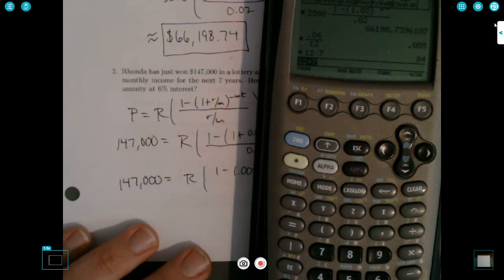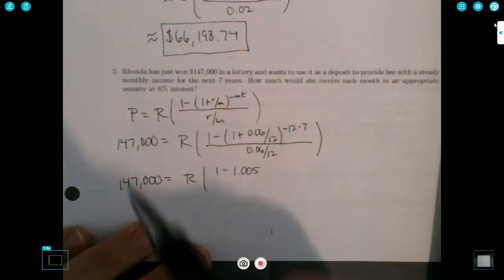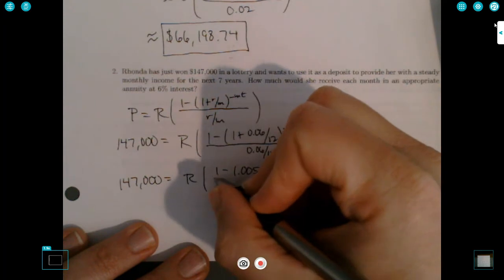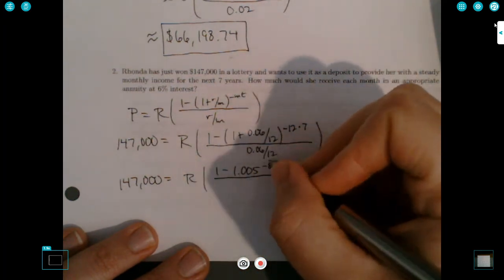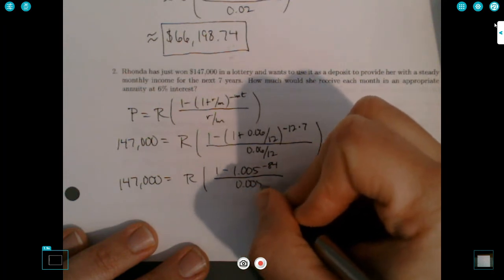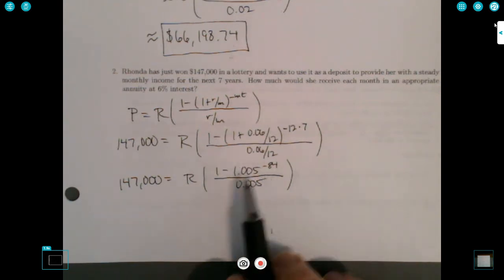Oh, gosh, I should have known that, right? I teach math. Anyway, 12 times 7 is 84. So that's going to be raised to the negative 84th power. And then we're going to divide by 0.06 divided by 12 again, which is 0.005. Now, I can punch this stuff into my calculator.